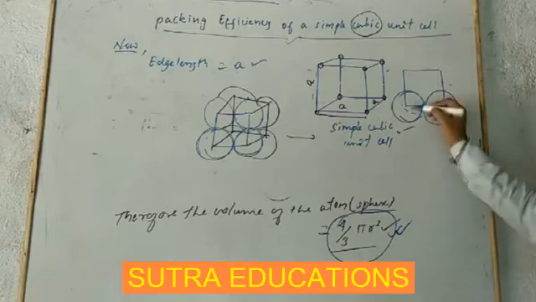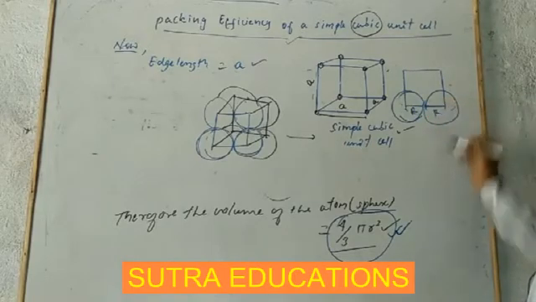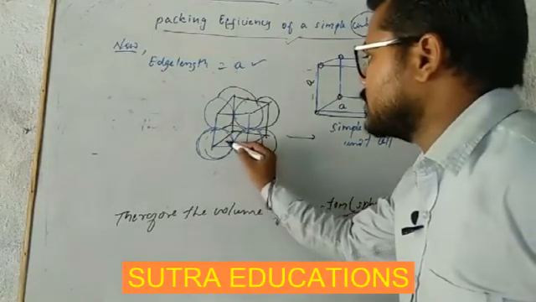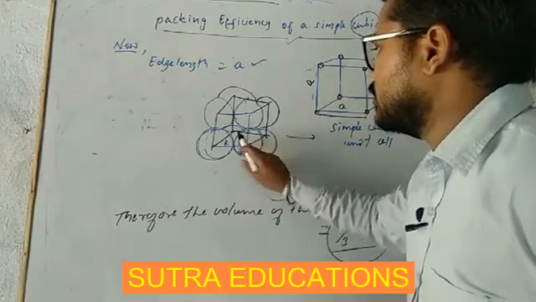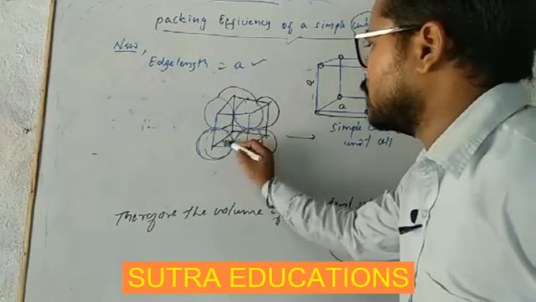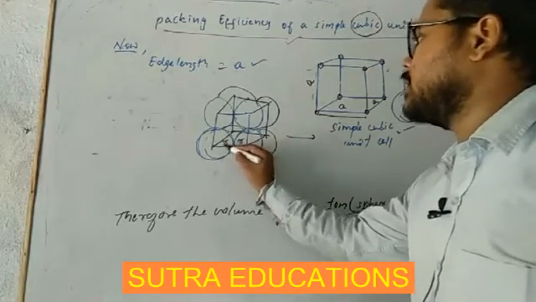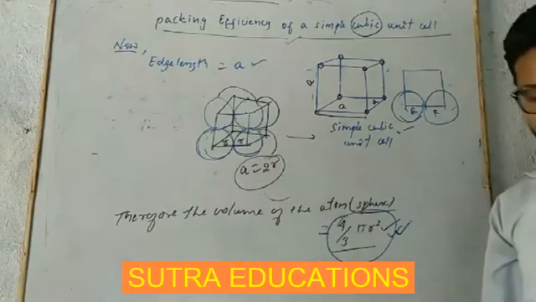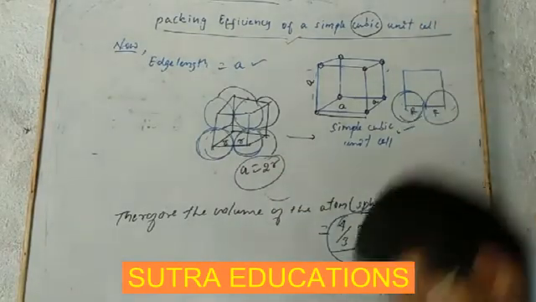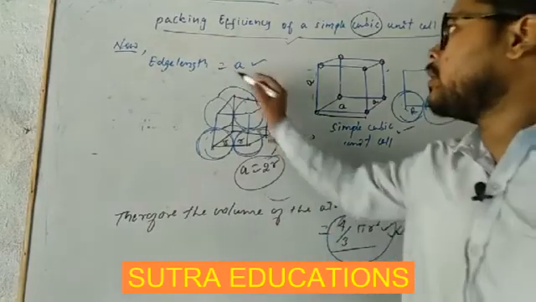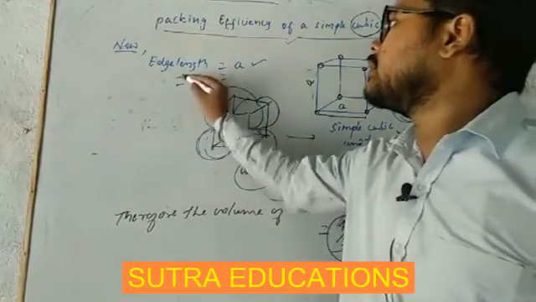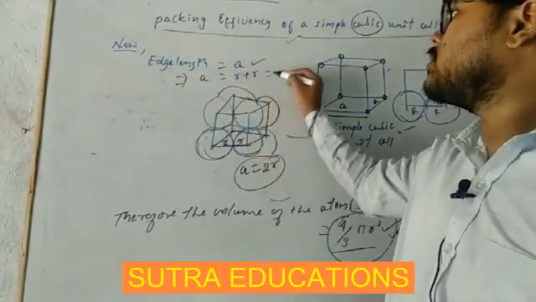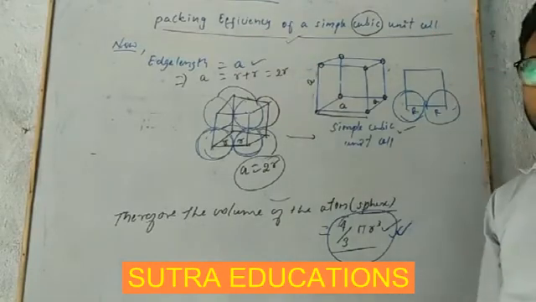Means from this figure, this distance is r, this distance is r. Here we have supposed radius to be small r, and this is edge length, means edge length a is equal to 2r. It is clear from the figure. Now in place of a we can say a is equal to r plus r, means 2r. Got it from this figure?